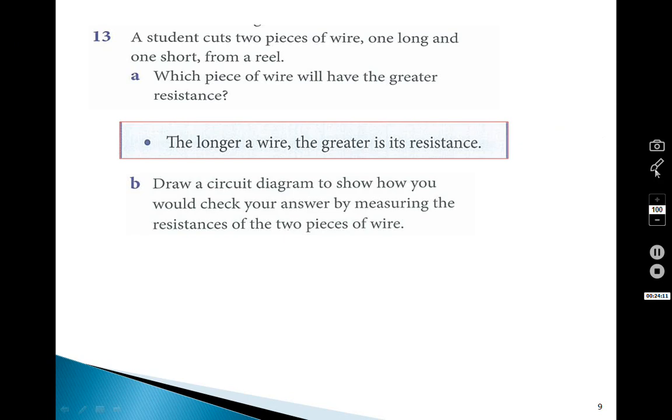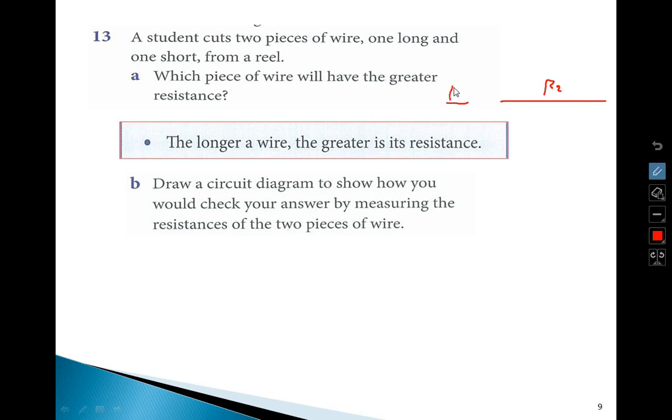As we mentioned in the last class, the longer the wire, the greater its resistance. So if we have two wires, the small one is R1 and the longer one is R2.